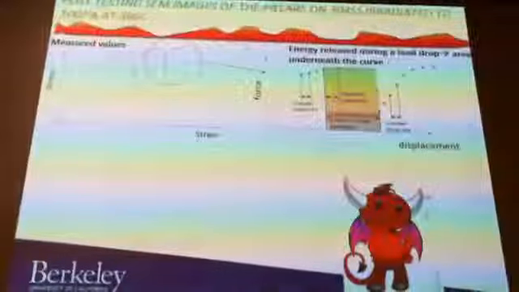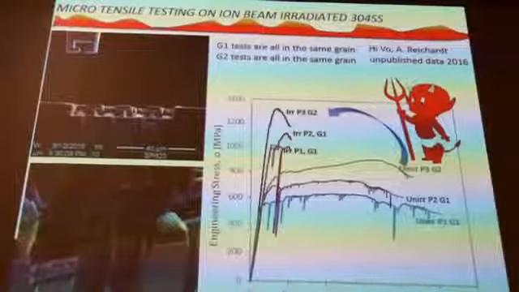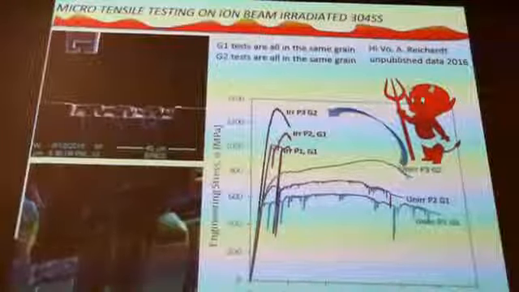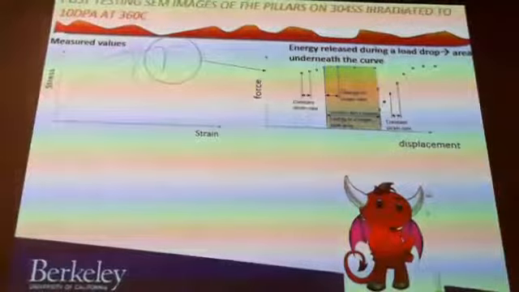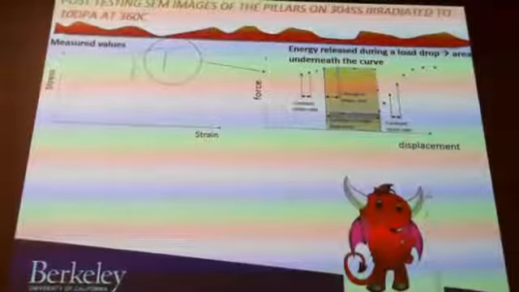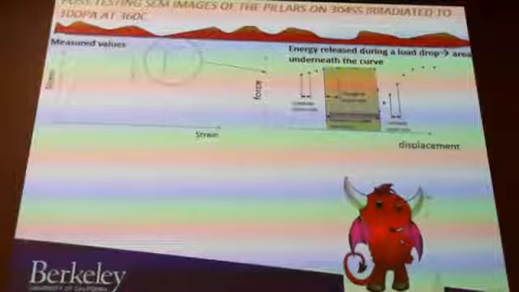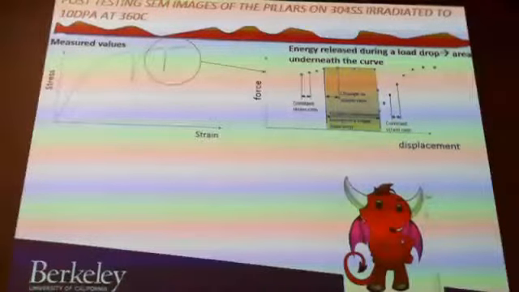It's interesting to point out, however, you may have noticed these load drops here, these drops in load over the different strain, and you can actually do quite a good job in analyzing these load drops. For each load drop, you can quantify the energy released during this sudden deformation motion.